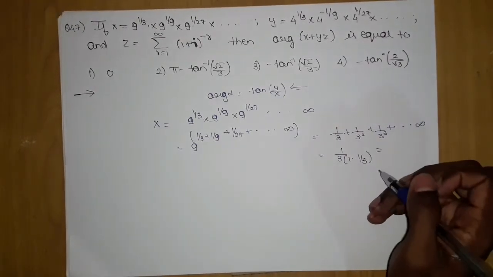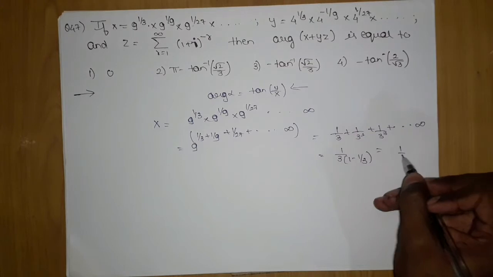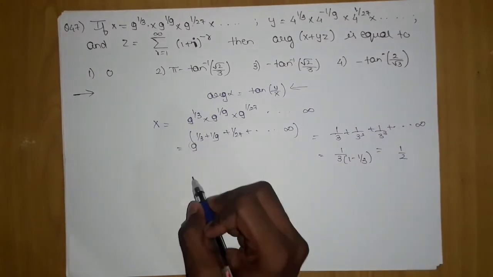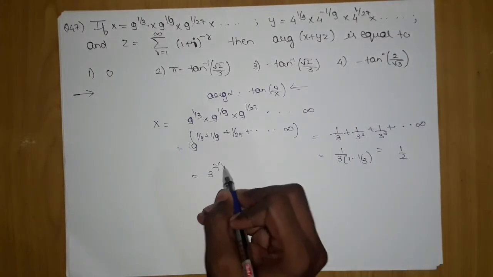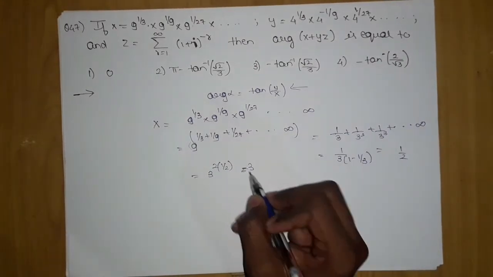The 3 will cancel out. My final answer will be 1 by 2. And when I put here 1 by 2, 9 is nothing but 3 by 2, and here 1 by 2, which will give me my answer 3. So I got the x value.